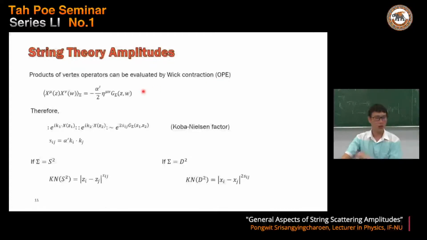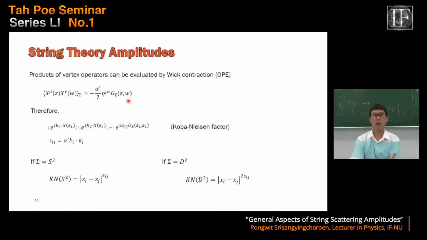And the Wick contraction of the space-time field is here, this guy, equal to minus alpha prime over 2 times the metric tensor of the space-time, which in this case is flat, and times the Green function. And the Green function depends on 2 points of this field. And of course, the Green function depends on the topology of the worldsheet as well, sigma.